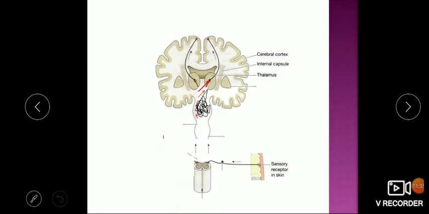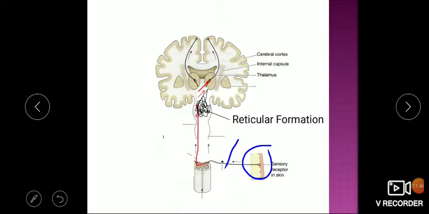Now in this diagram you can see this is the part of the skin. From here our first order neuron is arising, ending here, and you can see here our spinothalamic tract, second order neuron, going up to here. Now while going up, the spinothalamic tract gives some branches to this meshwork of nerve bunch here in the brainstem, called the reticular formation.